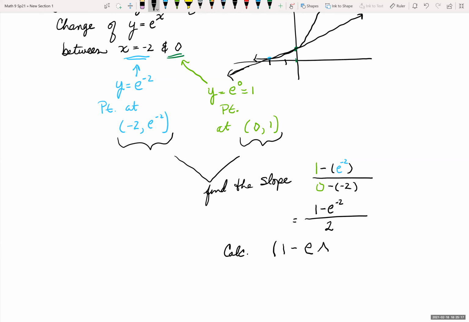You might have a caret next to it, or actually when you push it, you'll see that caret. And then you're going to put parentheses, make sure it's the negative, not the minus sign, -2 in that parentheses, divided by 2. So if you do that, you should get about 0.4323.